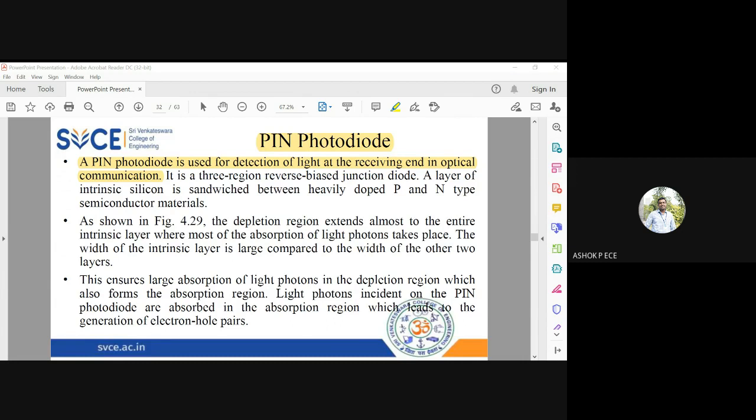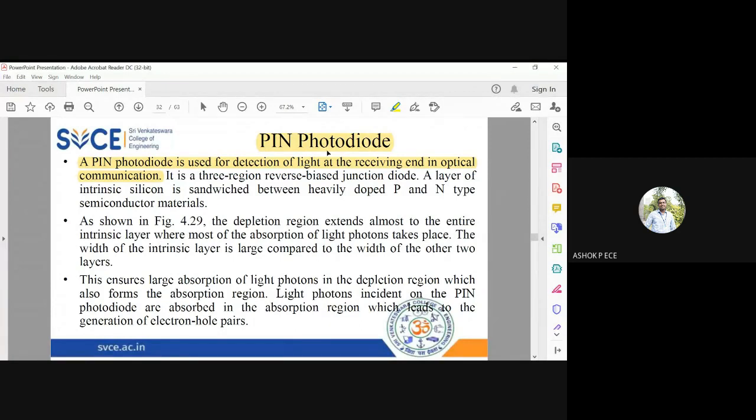But if multiple people use the same connection, the cost will be reduced. Whether you use it individually or as a group, only a single fiber is going to come to your apartment. Whether we send only one signal or 100 signals on that single fiber, we have to decide. Only when many people use the fiber is the cost going to be reduced. So optical communication is very, very popular nowadays.